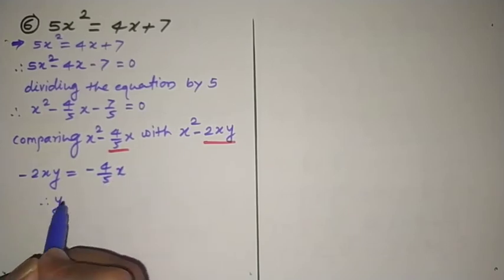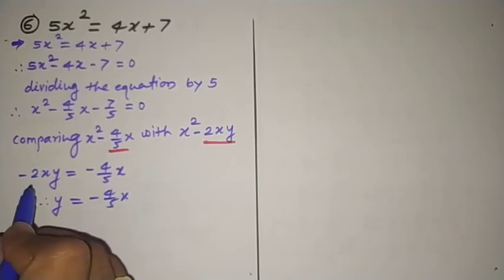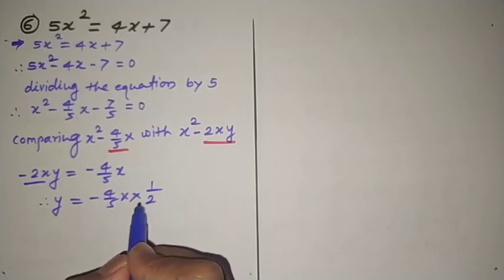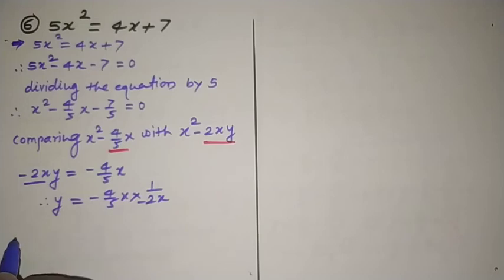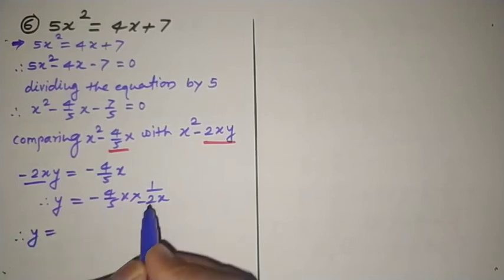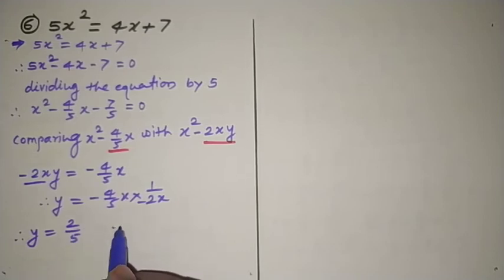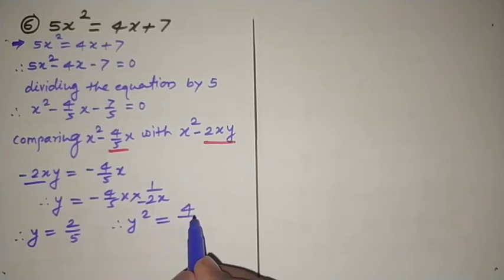Therefore y is equal to minus 4 upon 5x divided by minus 2x. X cancelling, minus minus plus, y is equal to 2 upon 5. And therefore y square is equal to 4 upon 25.